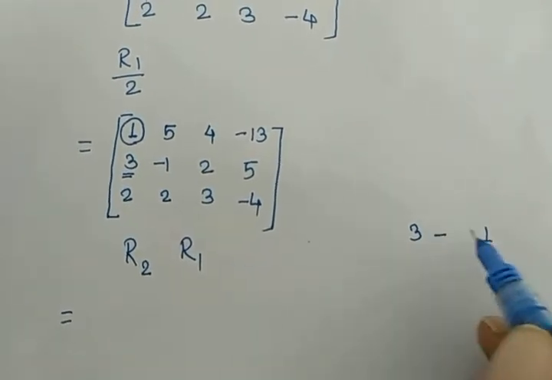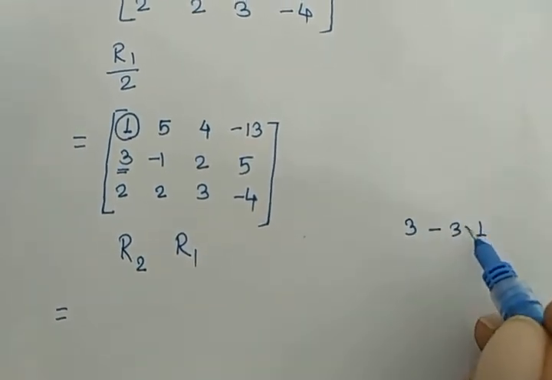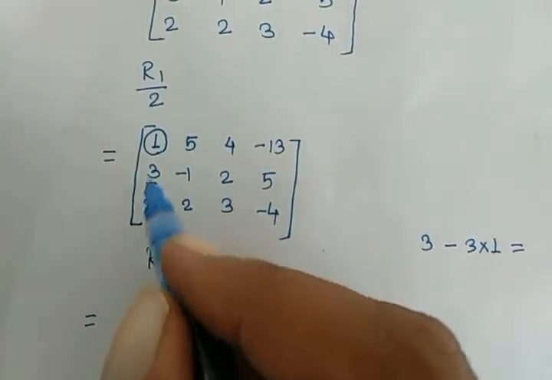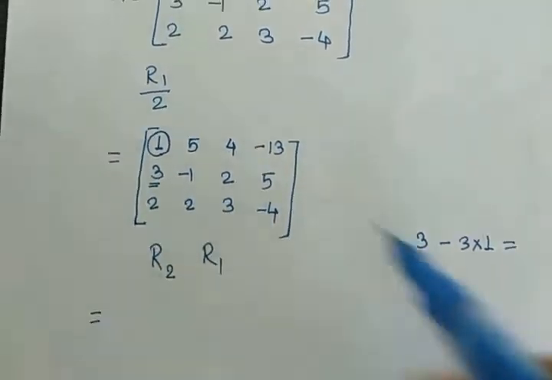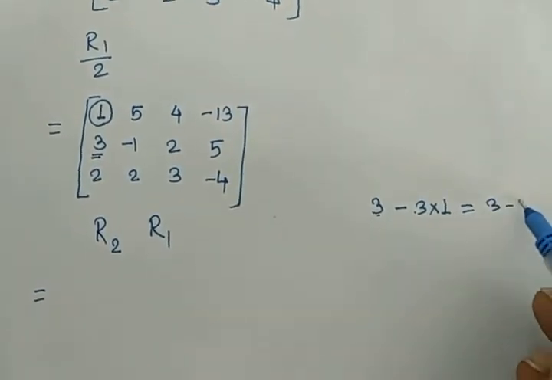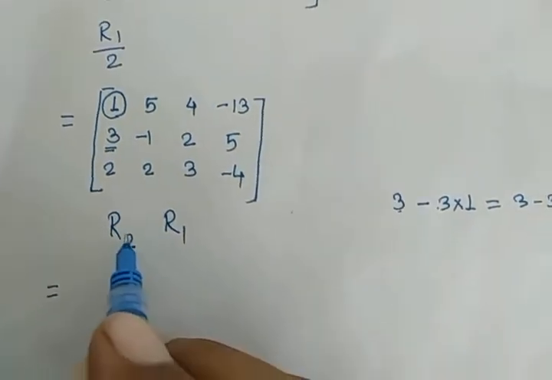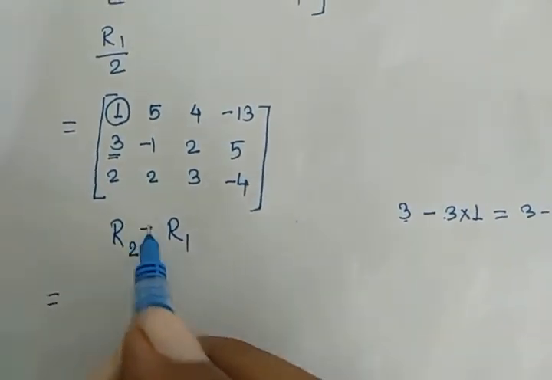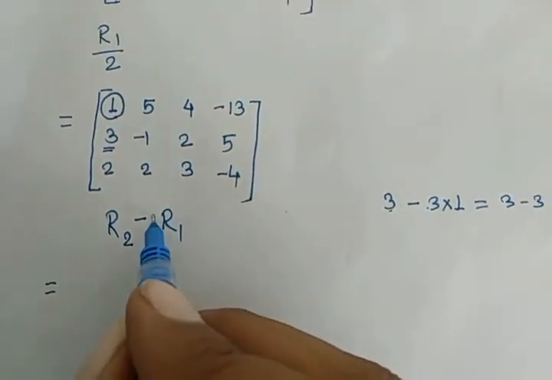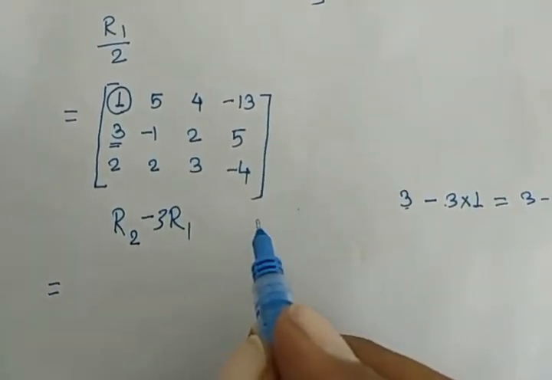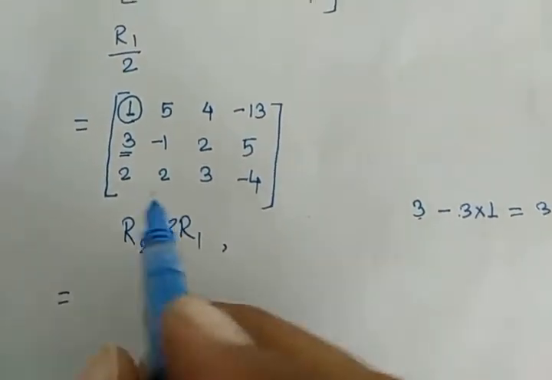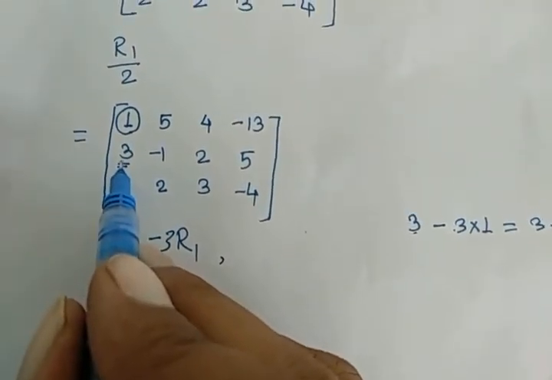So we have to multiply R1 by 3 and subtract, because these are of same sign, so that we make here 0. 3 minus 3 will be 0. So our row operation will be R2 minus 3 into R1, so that A21 will be 0.